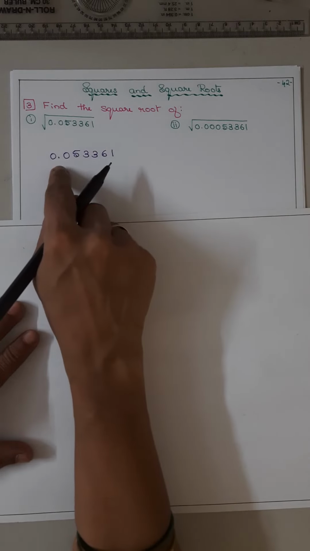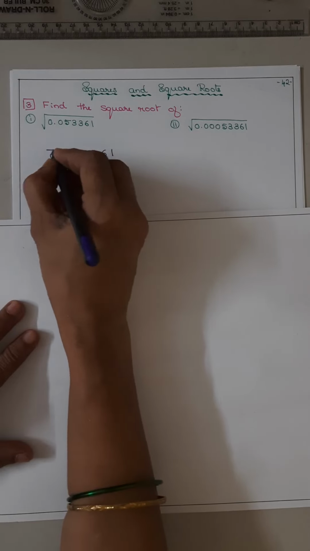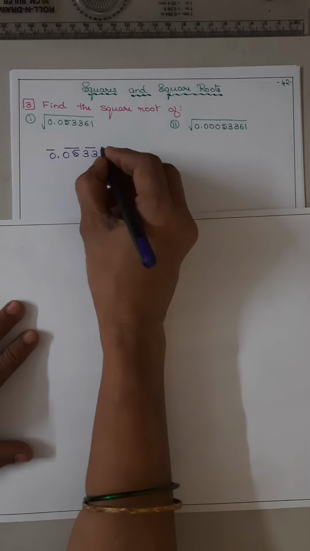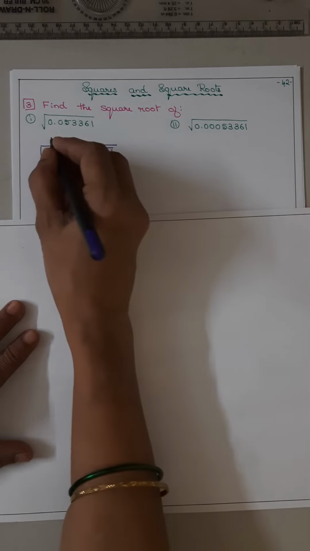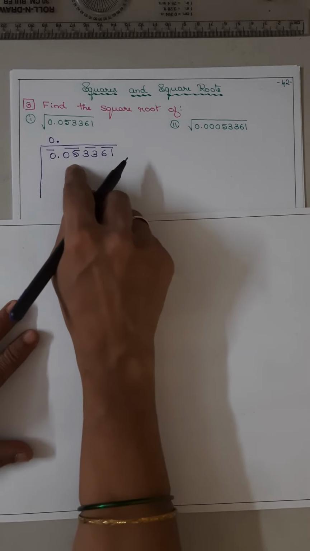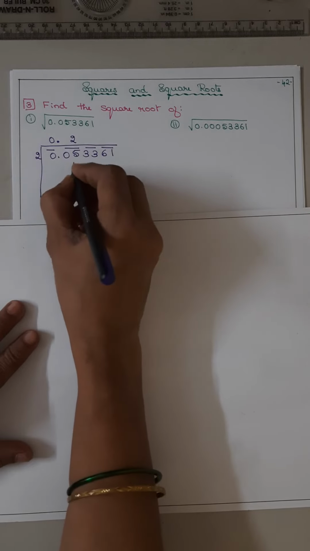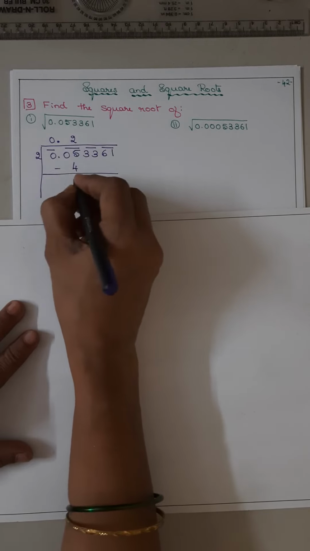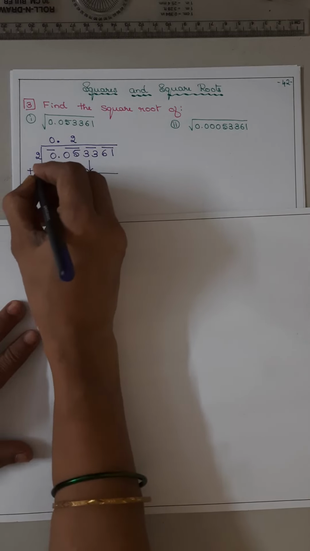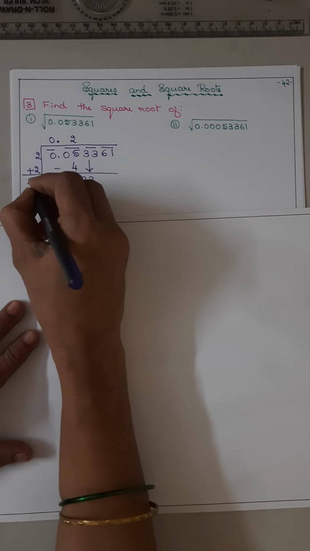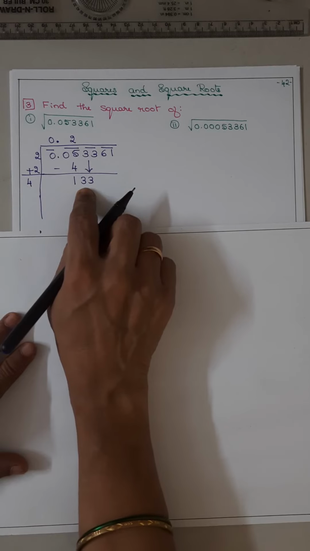0.053361. Group it first from left to right on the decimal section. So 0.05 means 5. 2 2s are 4, 1 remains. Bring 33 down. Add 2, you got 4. 4 how much are 13? 4 3s are 12.